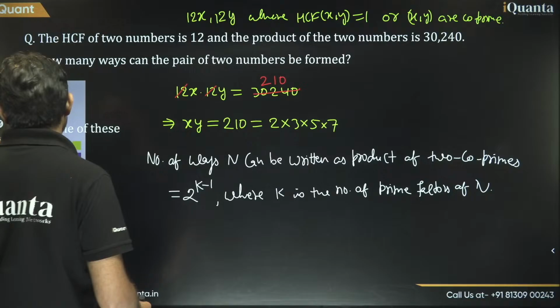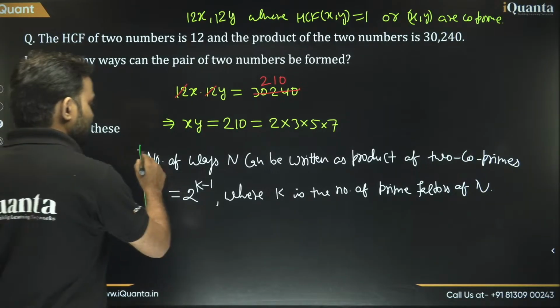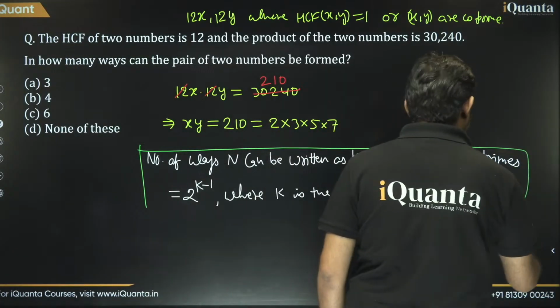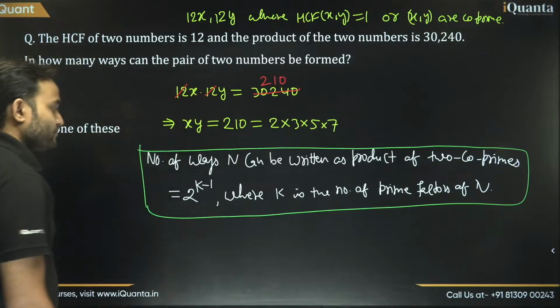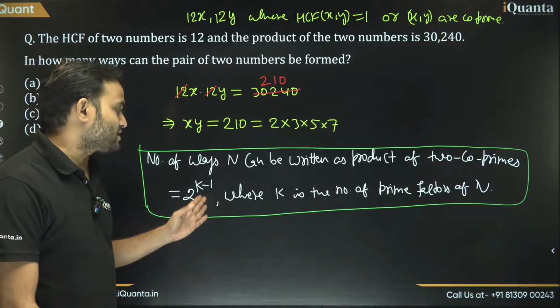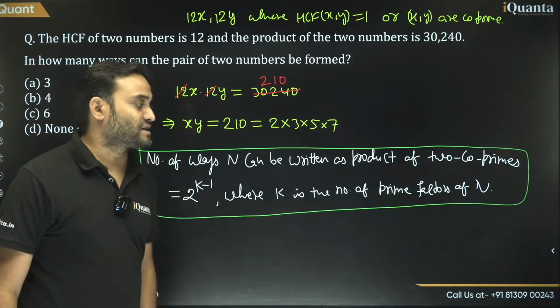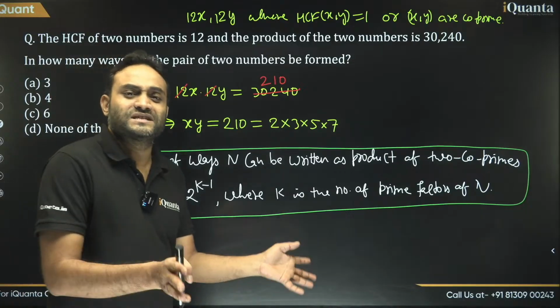Remember this one. Number of ways n can be written as product of two co-primes is equal to 2 to the power k minus 1, where k is the number of prime factors of n. Prime factors means distinct prime factors.